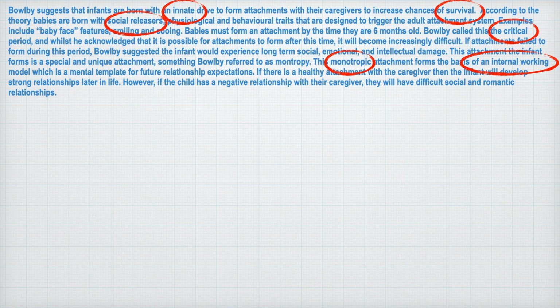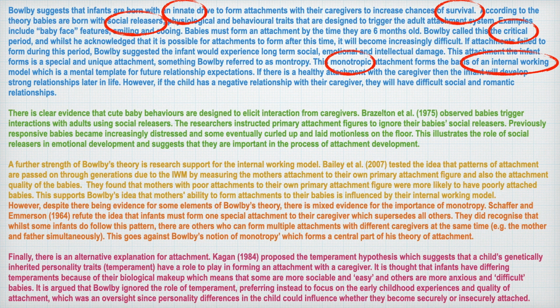Follow them through in a logical order and it will create a nice outline that will make sense. And then here is the rest of my essay. So you've got the 2 pieces of research support, then you've got the mixed evidence followed by the discussion point at the end, which is all about the temperament hypothesis.